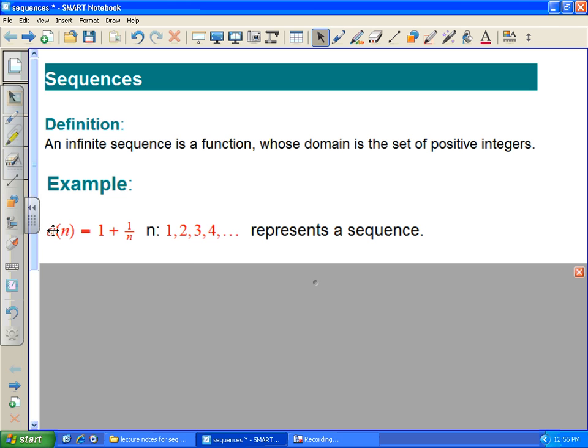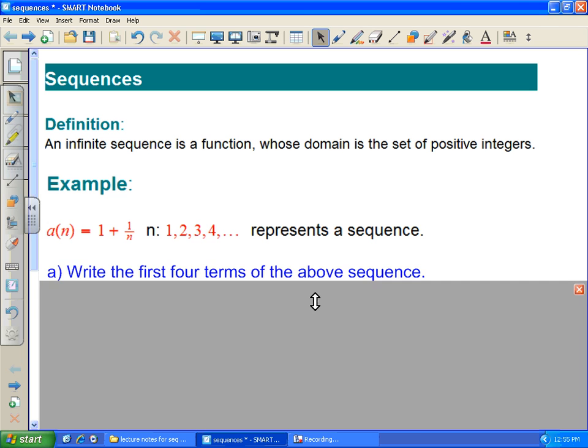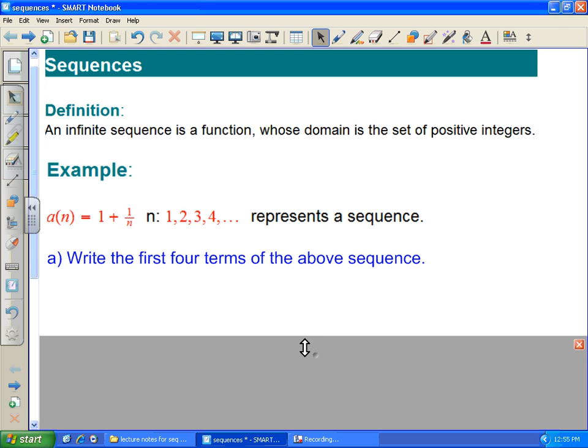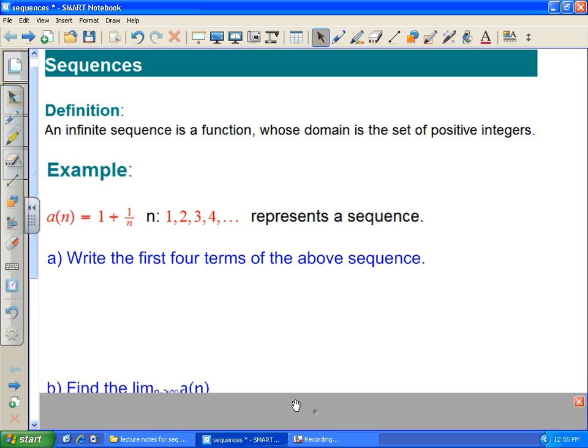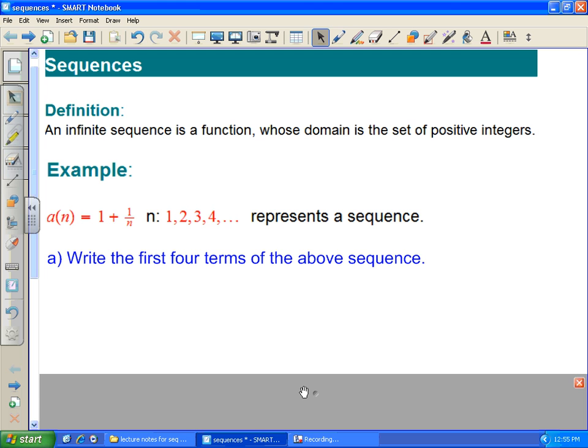So for example, a sequence a of n, or a sub n sometimes, is given by 1 plus 1 over n. The question is, first of all, to find the first few terms of the sequence. Let's first write the first 4 terms. And usually in this section, we're going to be interested in finding the limit of a sequence.